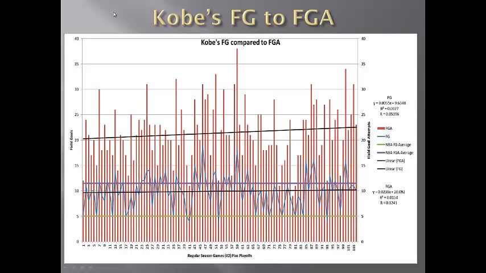The average for field goal attempts, that's the purple line, is about a 12, give or take a little bit. And for the field goals made, compared to the blue, is the green, which is about 5. That's the NBA average. So you can see he's well above it for both aspects.